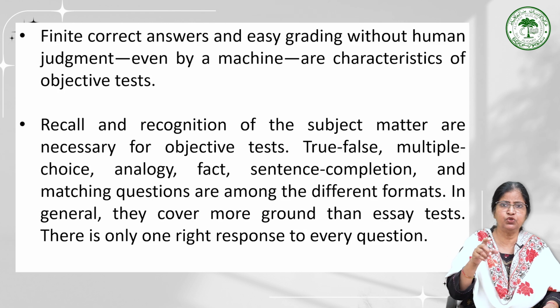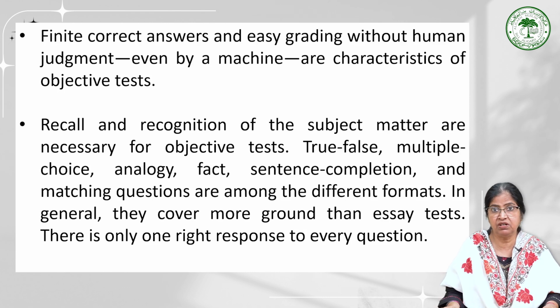Students may match by writing it on the paper or by drawing arrows, showing that this is matching with this. The instruction should be very clear about in what way the learner has to show the correct answer, and the correct matching likely to be given by the learner.